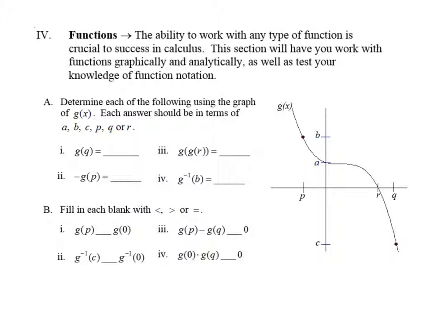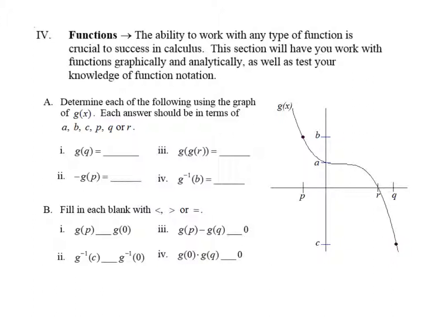So looking at the first part, we just want to figure out, what does g of q equal? Now, of course, g is our function, and we see that q is an x value, or a value on the x-coordinate. So what would that mean g of q is? Well, the idea is we're taking this number q and plugging it into our function g, and of course that would give us back some output value.